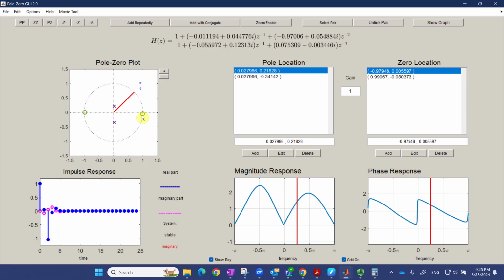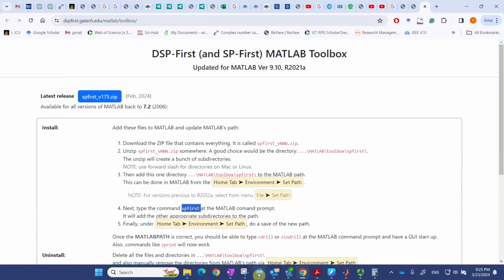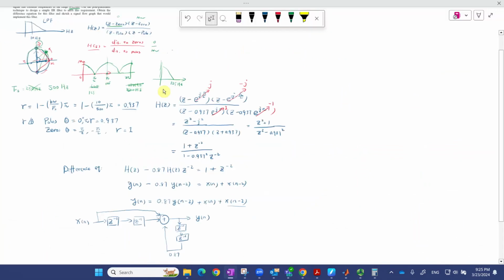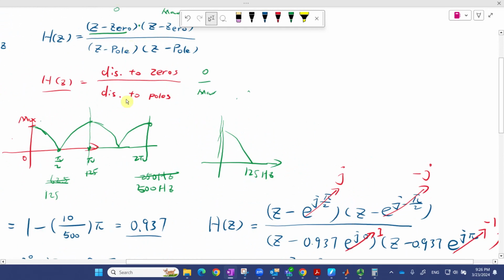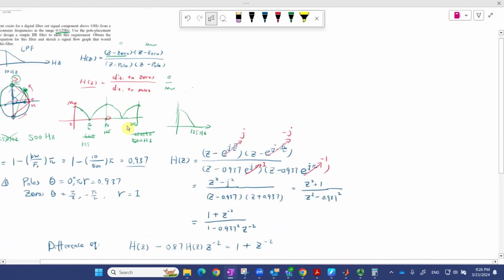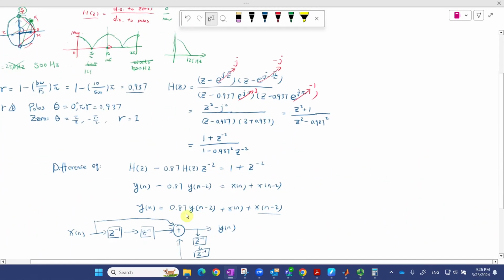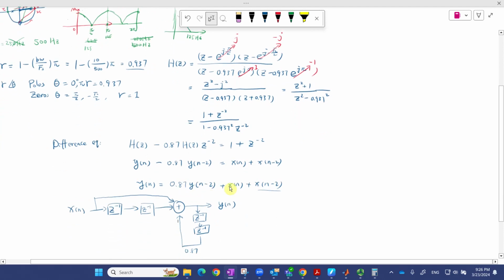So you can play with this and get a lot of insights about how to place poles and zeros. After you design it and find it satisfactory, you put the locations of the poles and zeros into this equation, and then we can find the parameters for the IIR filter. Okay, so that's it.